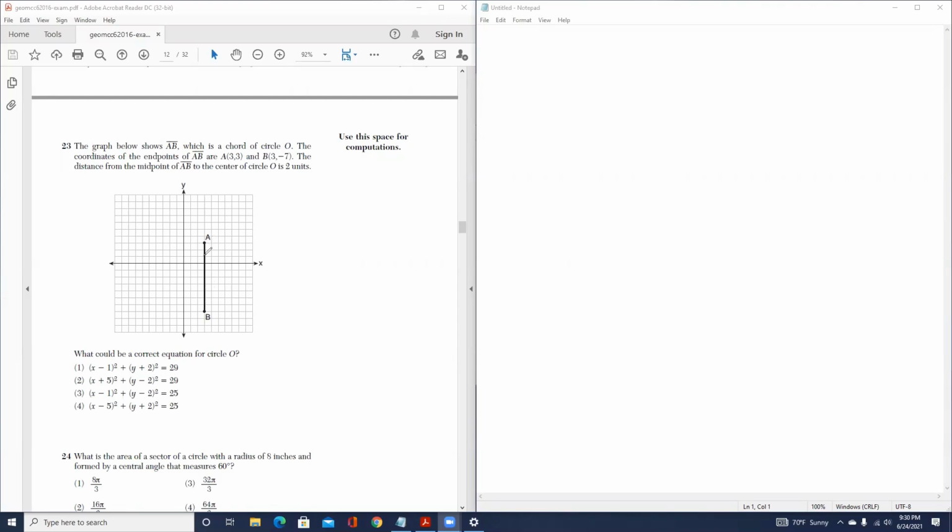Let's count down 1, 2, 3, 4, 5. And the distance from the midpoint of AB to the center of circle O is 2 units. I'll draw one of the centers of circle O in blue, and the other in green. So this is the shortest possible distance of 2 units, because this is the perpendicular line.